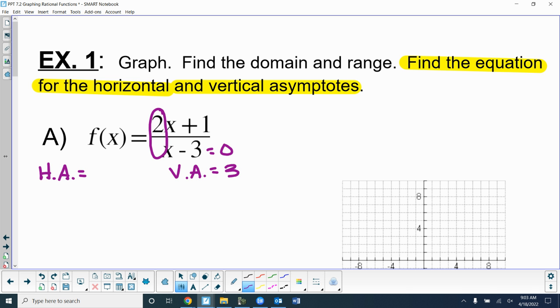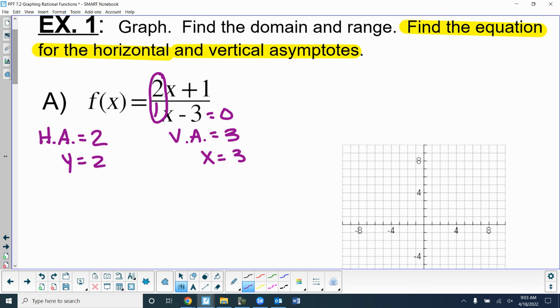What's in front of this bottom x? 1. So it's 2 divided by 1? 2. All right? So this one, the equation is x equals 3. This equation is y equals 2.